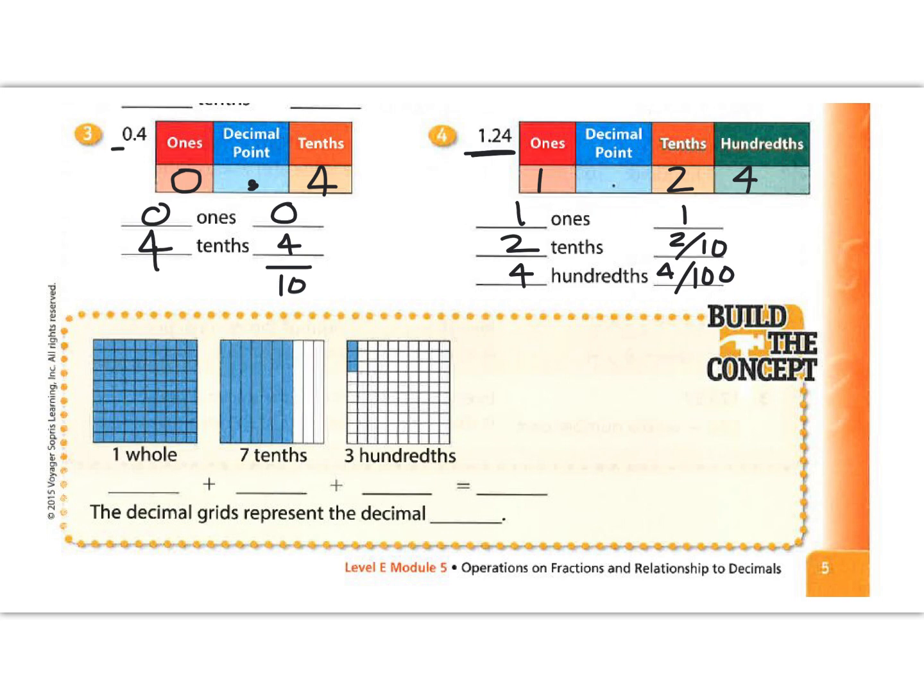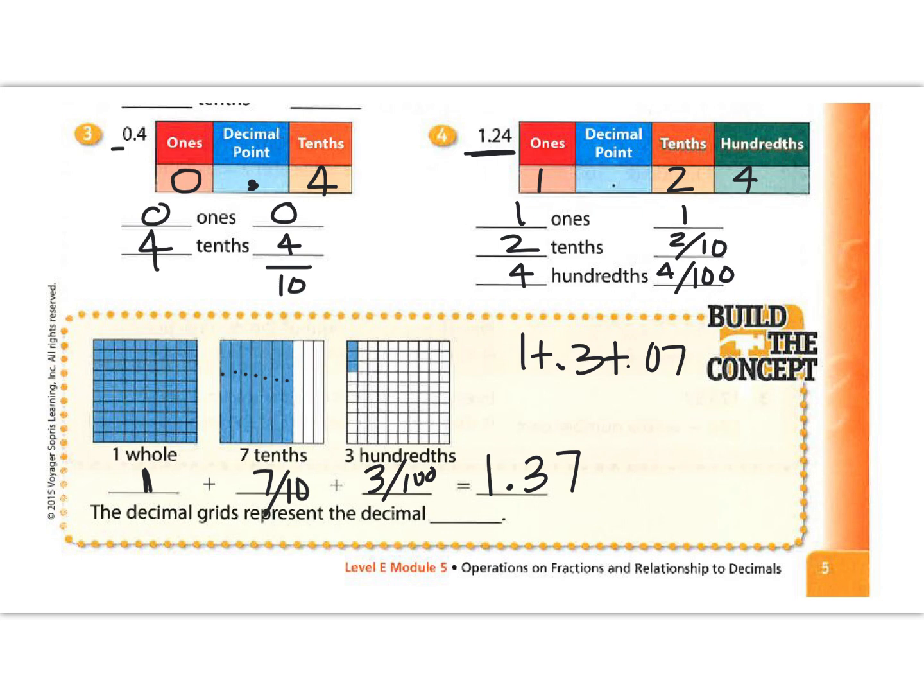So we can see that the decimal grid helps represent the decimal down here. We have 1 whole. Here are the tenths. 1, 2, 3, 4, 5, 6, 7 tenths. And then here, this chart is in hundredths, so we have 3 out of 100. But if we wrote that as decimals, we have 1 plus 0.7 plus 0.03. So we have 1.73.